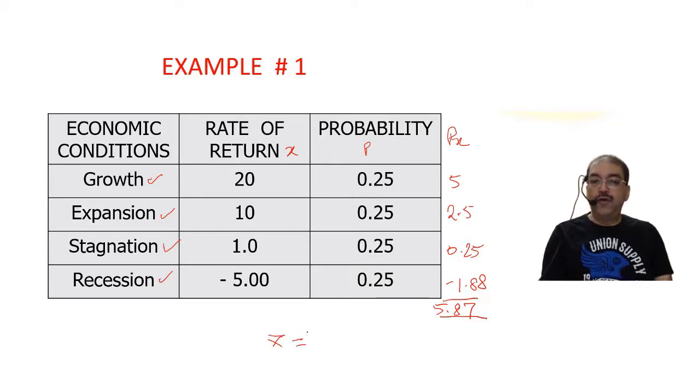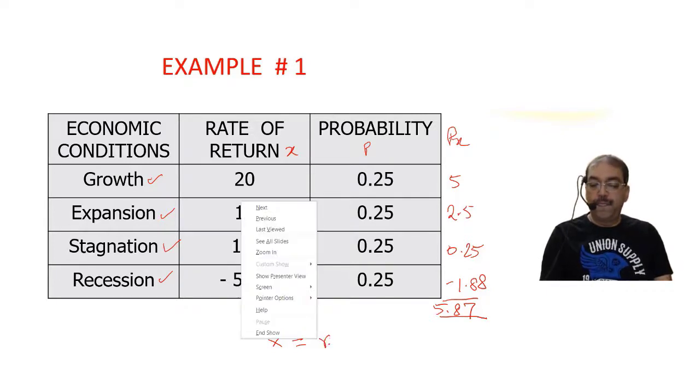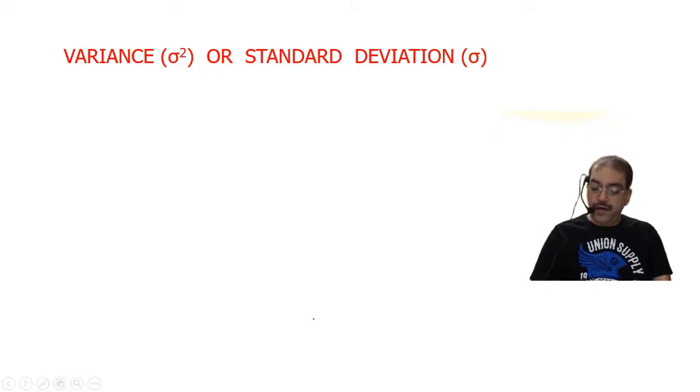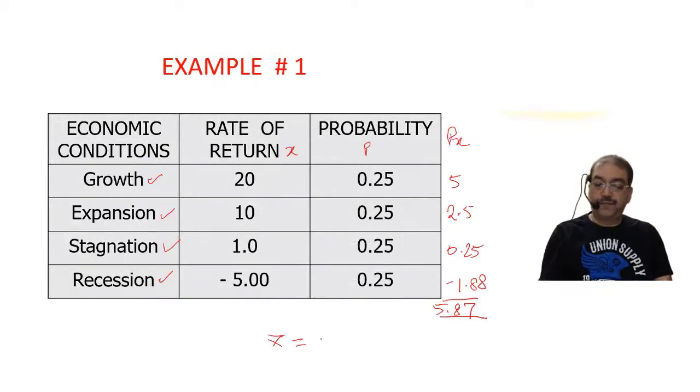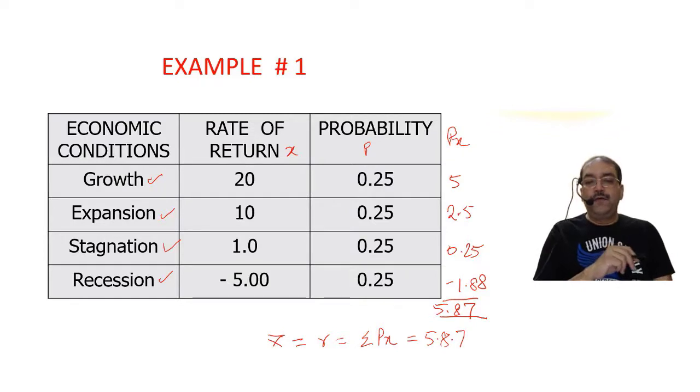Now x bar, I don't call it x bar here. I call it R. X bar is equal to R is equal to summation of P into X, and that is equal to 5.87. So this is how I calculate the average rate of returns.